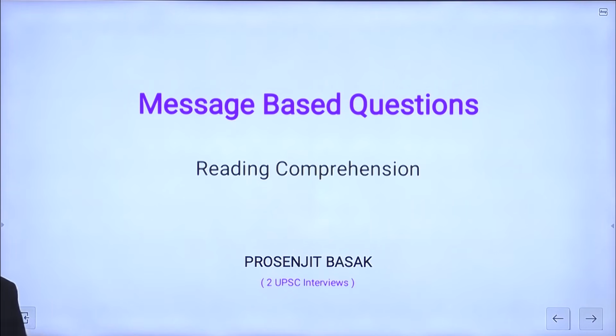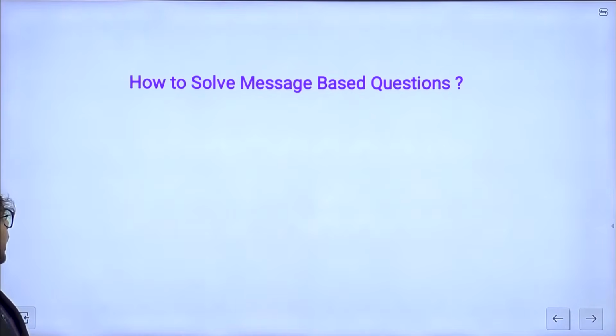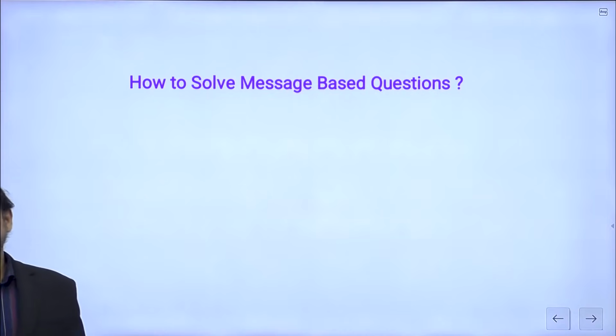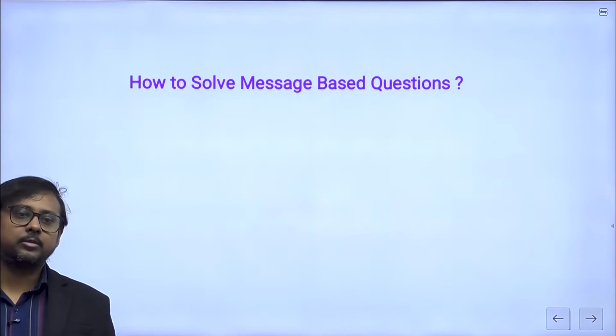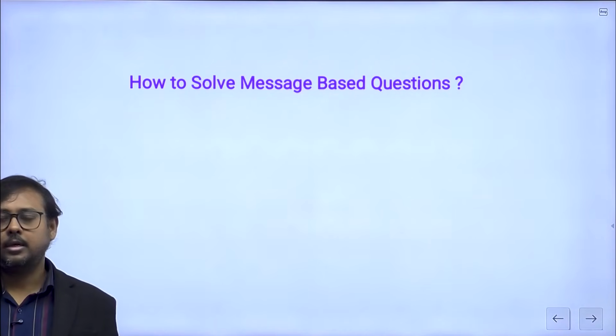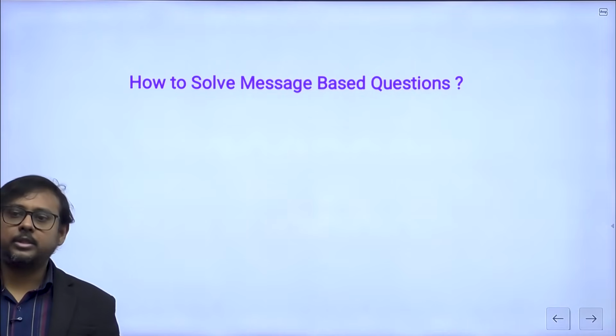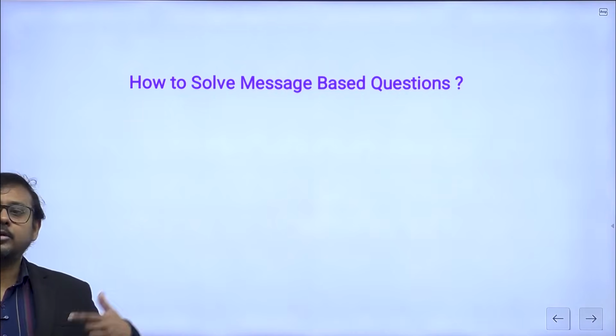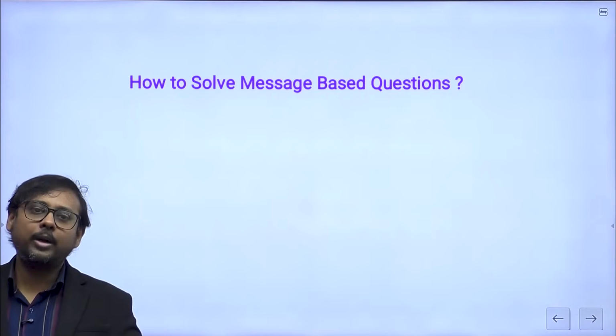So, how to solve message-based questions? 7 to 8 message-based questions come every year, right? And of the questions which come, all of them are solvable. But again, the process is important. We'll not go by the instinct.